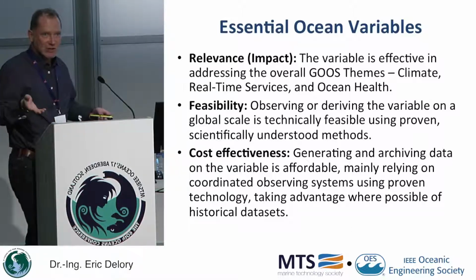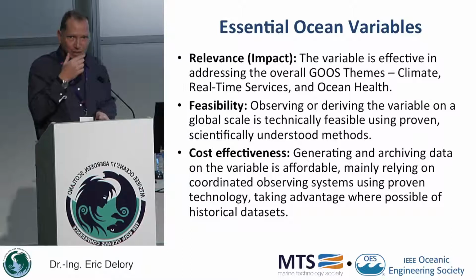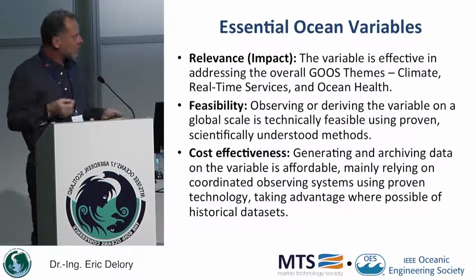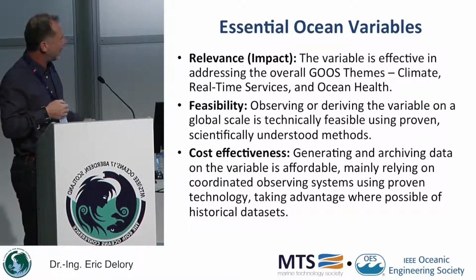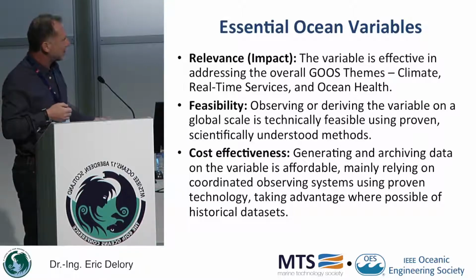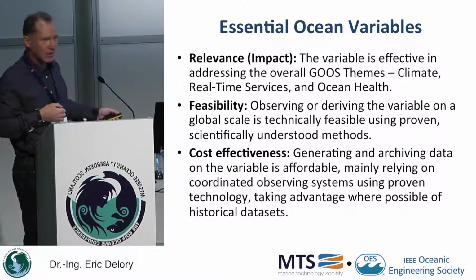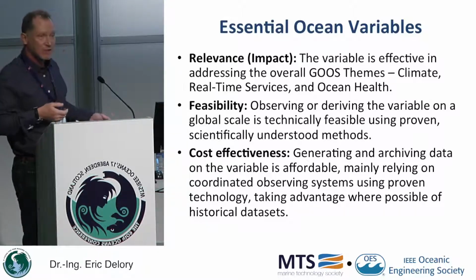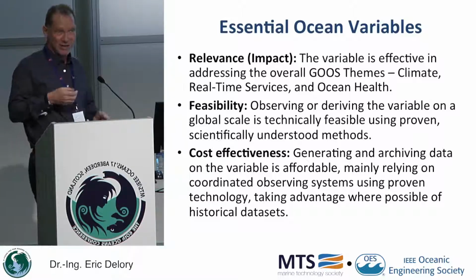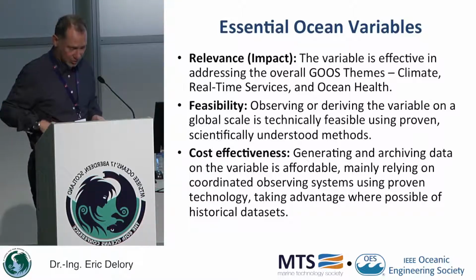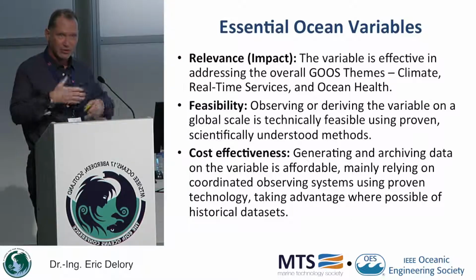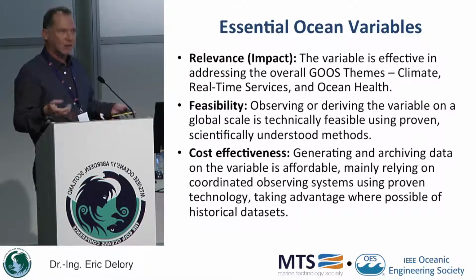As you know, it's costly to work in the ocean, it's costly to measure in the ocean, to process the data, and so we have to consider cost, and we have to consider feasibility. What is feasible to measure today and what is not? There are variables that are not yet possible to measure on a continuous basis at depth, for instance.